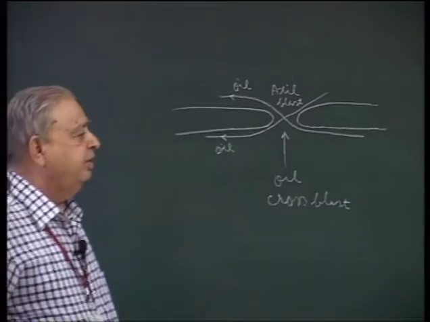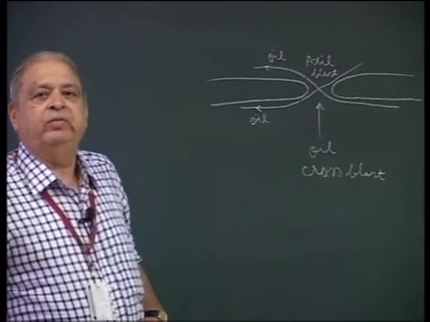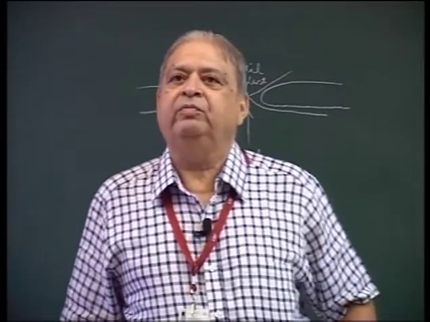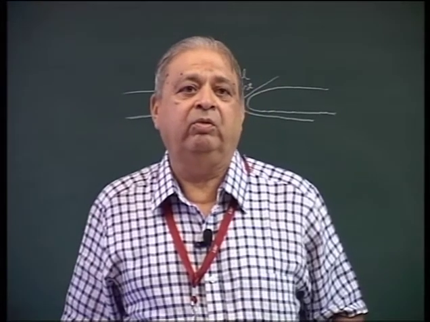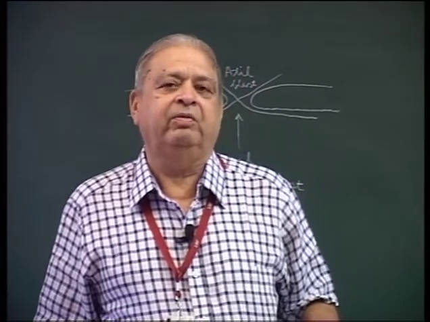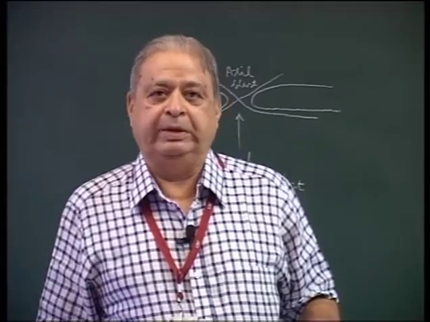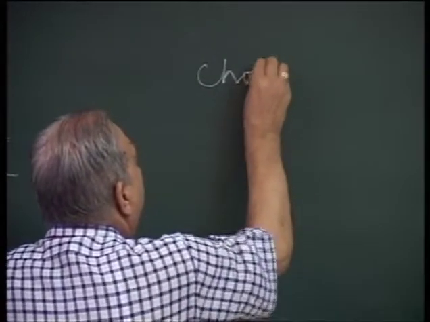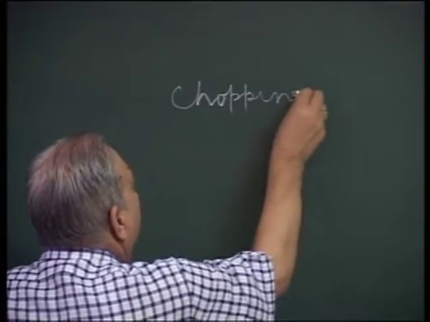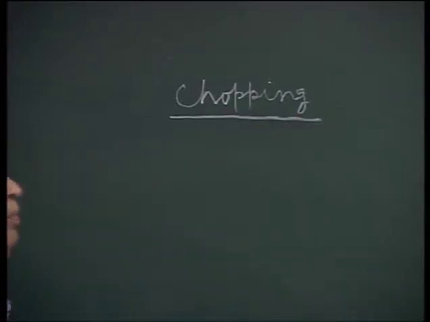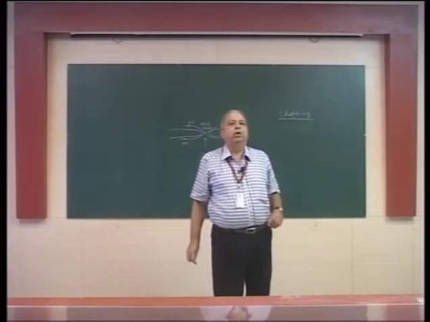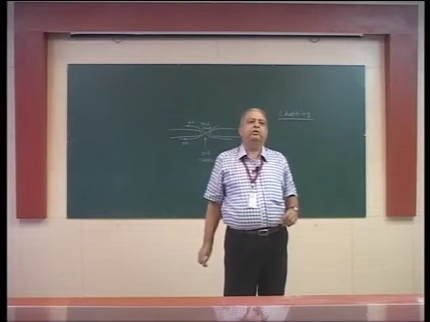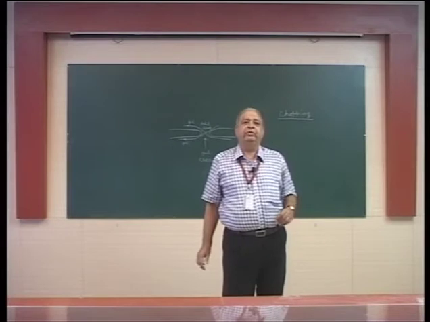Now we will see that if the arc is blown out very quickly, that is before the natural current zero, then there is a phenomenon called chopping. Chopping is a phenomenon of blowing out the arc before the occurrence of natural current zero.